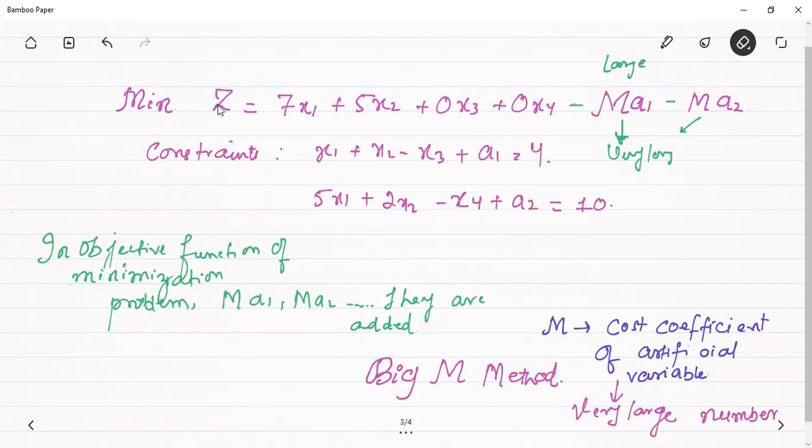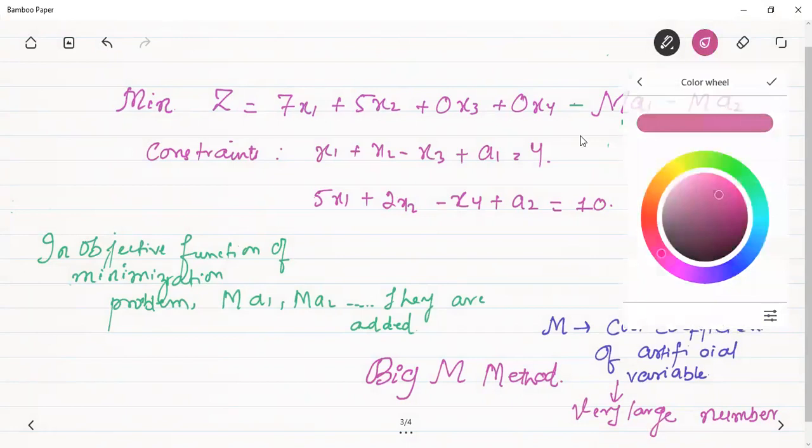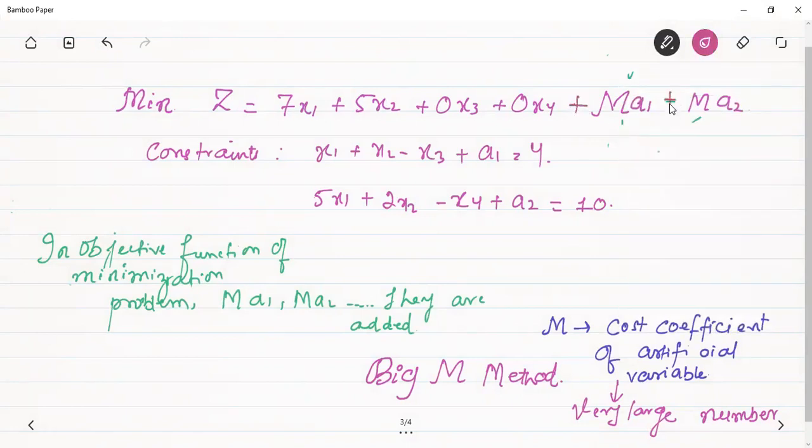Since it will favor minimization, देखो क्या होता है, I can repeat it again. Let me come back to the first case. अगर मैंने इसको प्लस रखा है, तो since this is a very large number, z will increase.